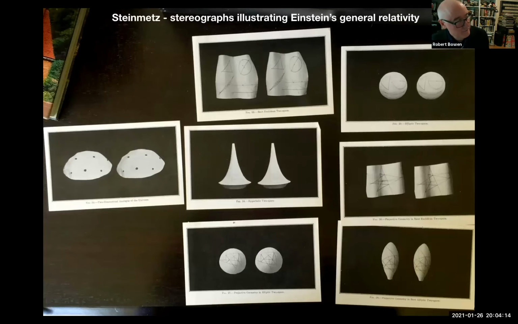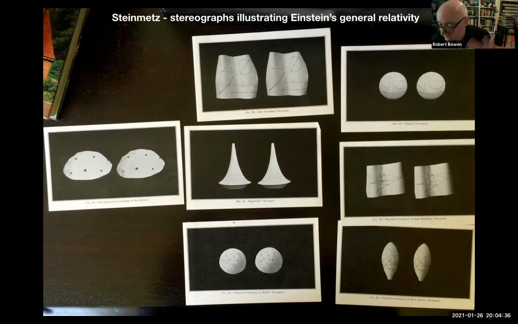This is obviously much later. This is from a book by the scientist Steinmetz, who was a close friend of Einstein's. And he was the genius behind the General Electric company. And he was also friends with Tesla. And he was an expert in alternating current. And the General Electric company became the powerhouse that it did.